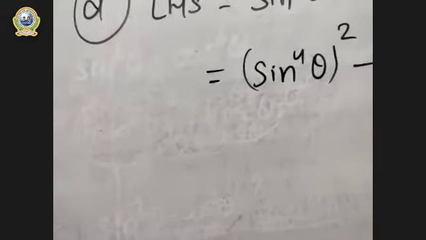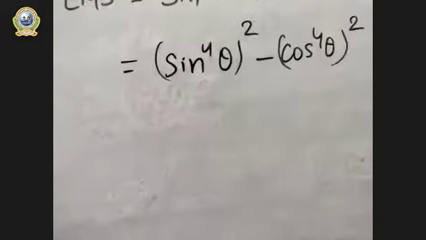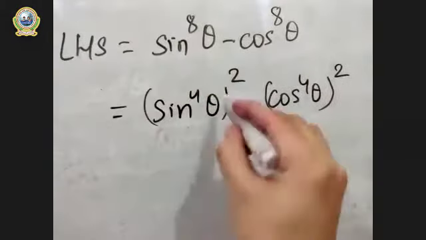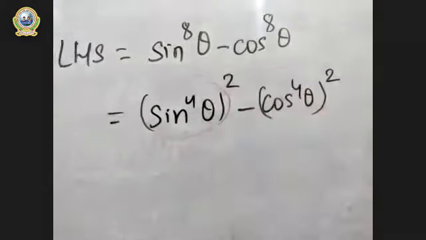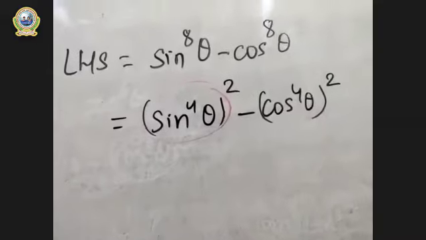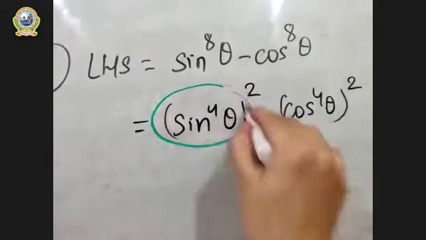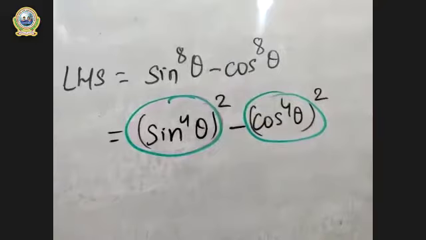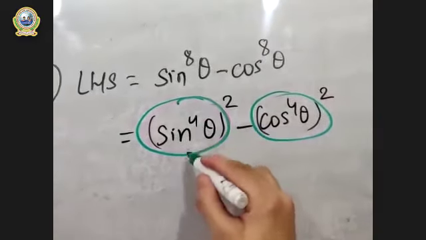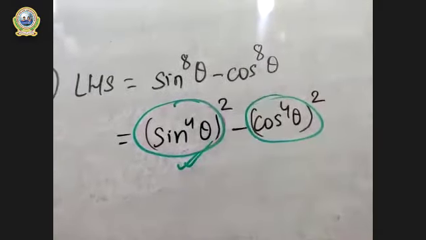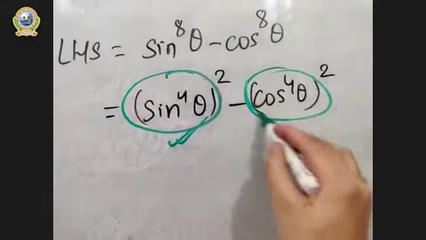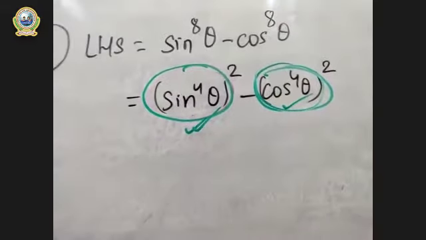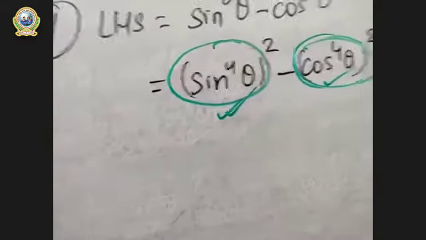Now this is in the form a square minus b square, right? So this sin 4 theta inside our green box is a, and this one in our green circle is b. So a square minus b square. Now let's solve it.